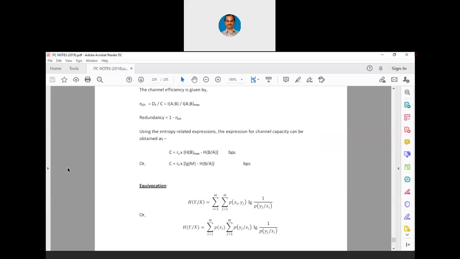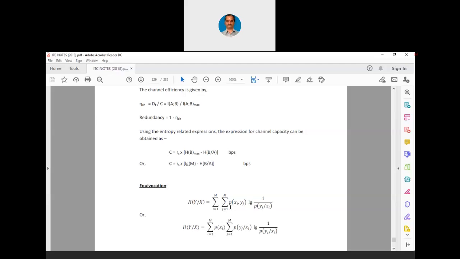So for equivocation, we had a derivation and an expression. I am just showing you an expression here. H(Y/X), H of Y in condition to X, is equal to summation of i equals 1 to m, summation of j equals 1 to m, p of xi comma yj. What is this p of xi comma yj? That is called joint probability. You will have to remember the joint probability matrix now.